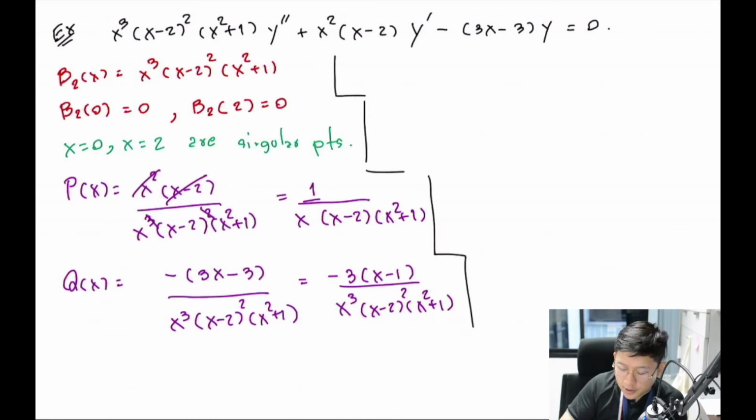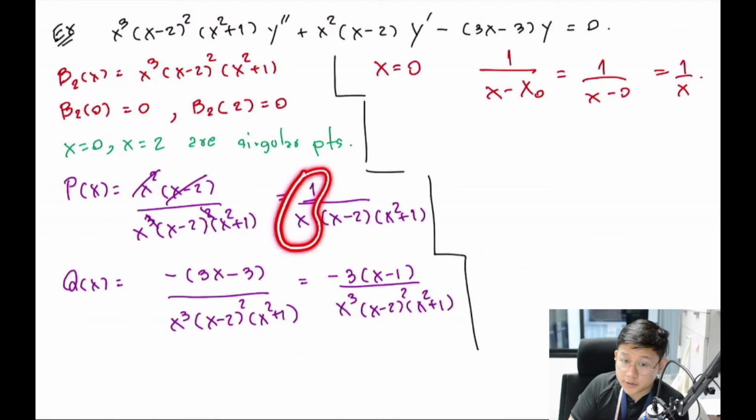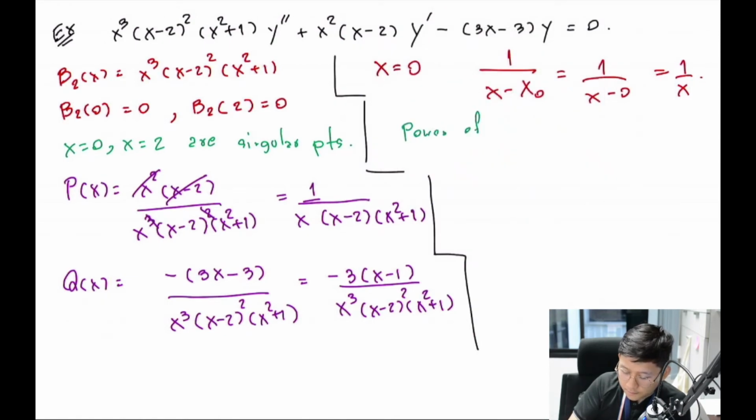So from here, what you can do is look at each point. For example, x equals 0, so 1 over x minus x0 will be 1 over x minus 0, which is 1 over x. As you can see, the power of the factor 1 over x in p(x) is 1.